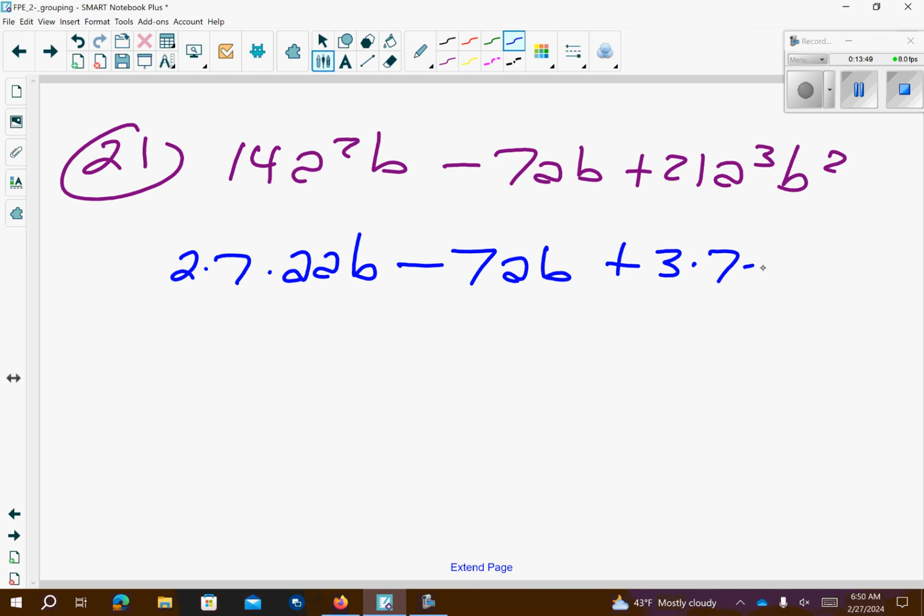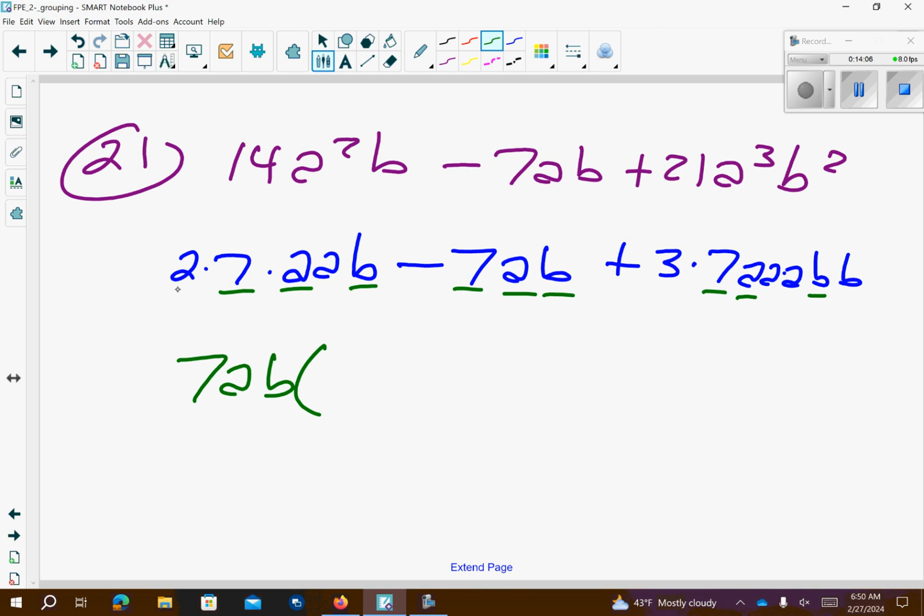A to the third is aaa, b to the second is bb. Let's take a look at what we have. I have a 7 in common, an a in common, and a b in common, and that's it. So 7ab comes out front and leaves me 2a, minus everything factored out here, so I have to have a 1 as a placeholder, and then plus 3a squared b.